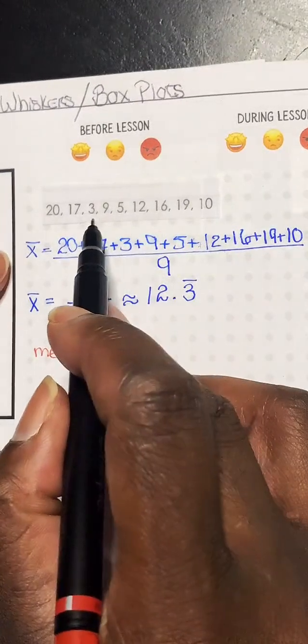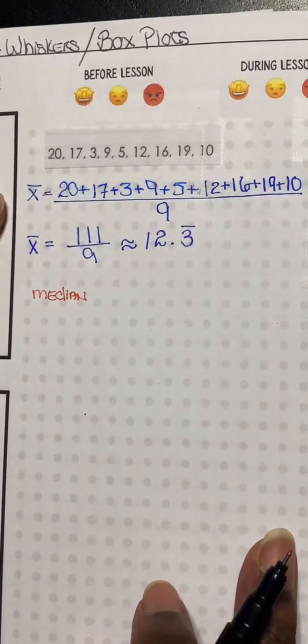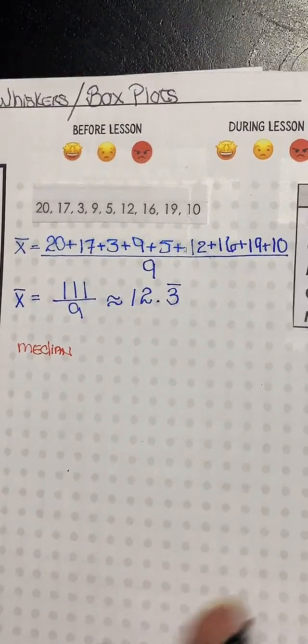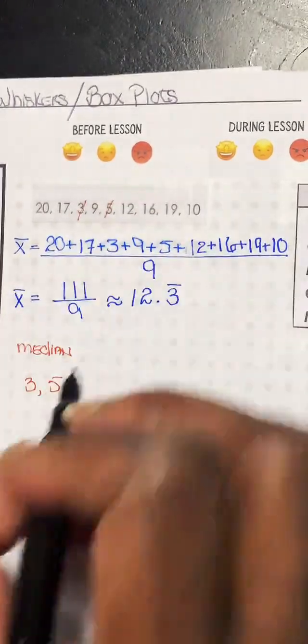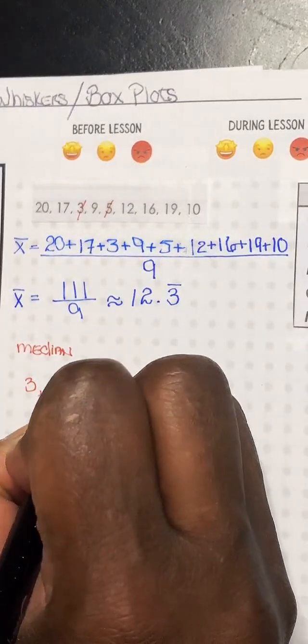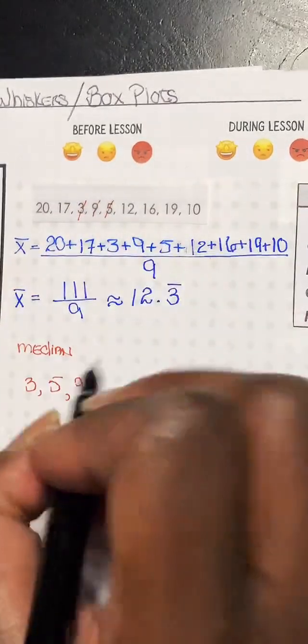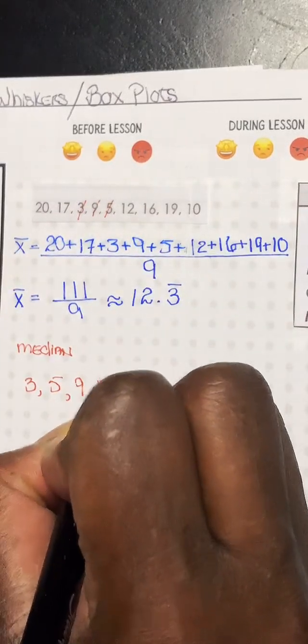All right, so my lowest number, let's make sure I'm in frame. So my lowest number is 3. So we have 3, then we have 5, so cut out the 3, cut out the 5. We have 9, then we have 10.